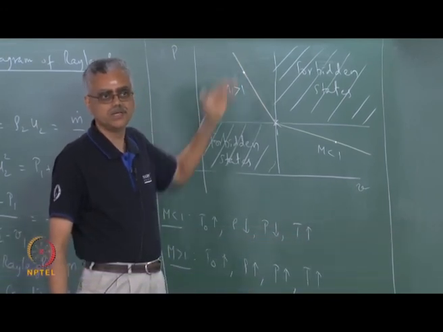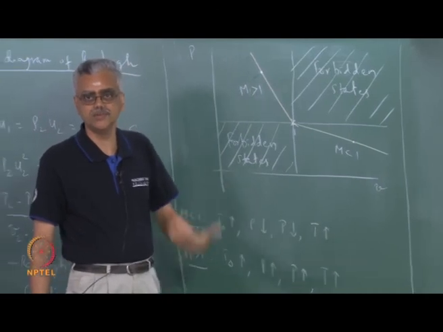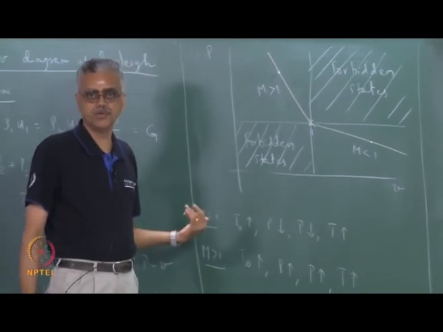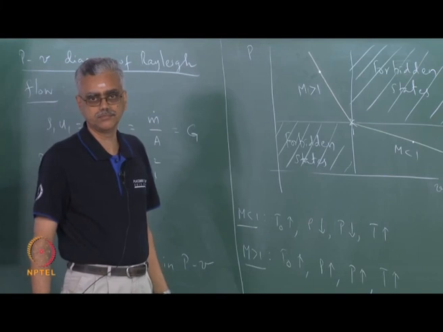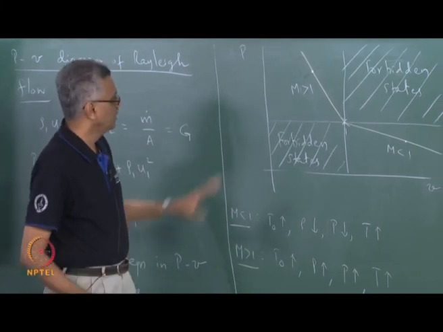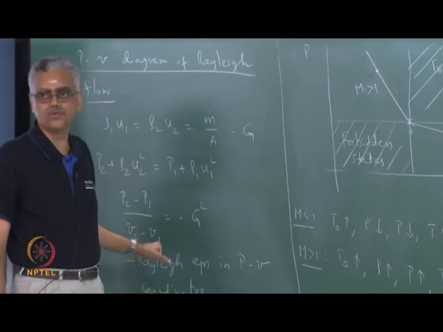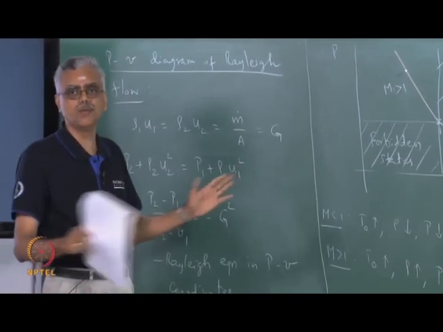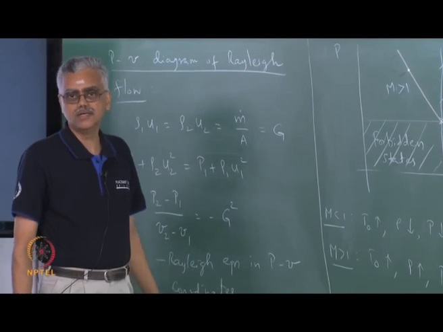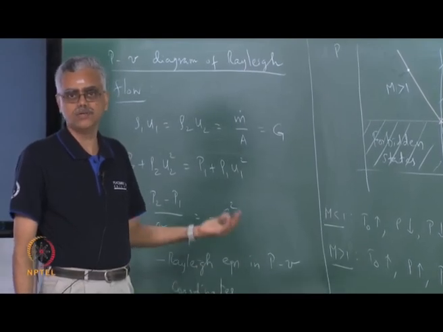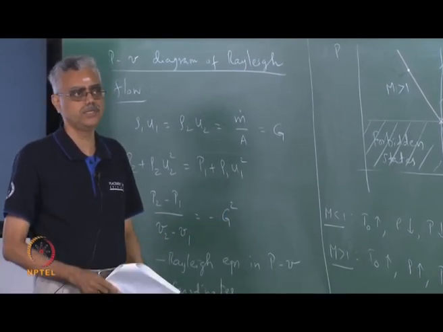So, you must remember that, because we will need all this information when we transfer the information from our equations to the diagram. The next thing to do is to draw the H line corresponding to flow with heat addition. Once we do that, we can combine the two and come up with the information on a PV diagram, which we will do in the next class.